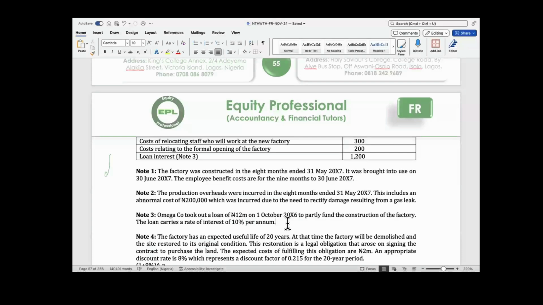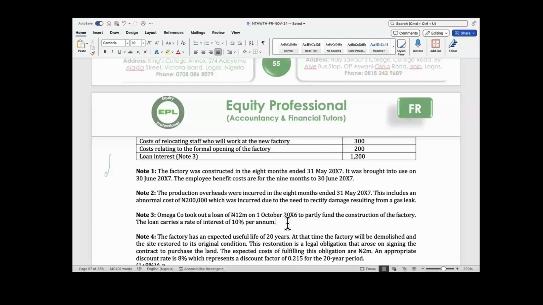It will be 1.2 million times 11 over 12, because this was up to October 2006. And then, no, sorry. The construction ended in May 2007. So we'll calculate the period up to that time and divide by 12 to multiply with the 1.2.